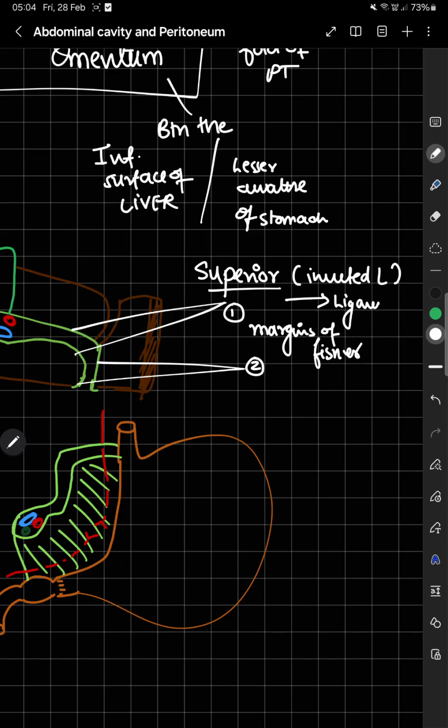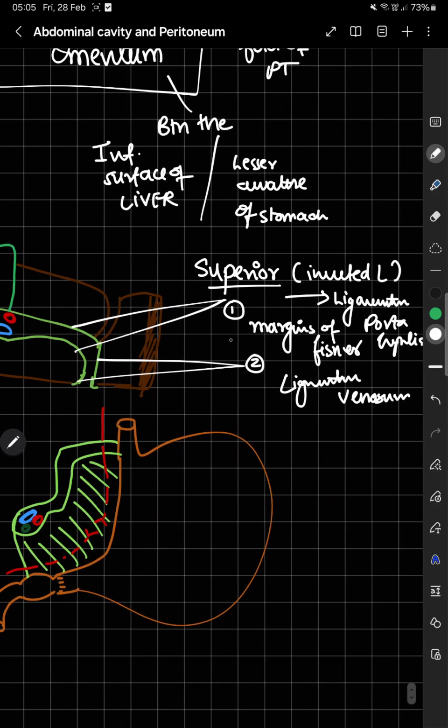One is for ligamentum venosum, and the other one is for ligamentum porta hepatis.